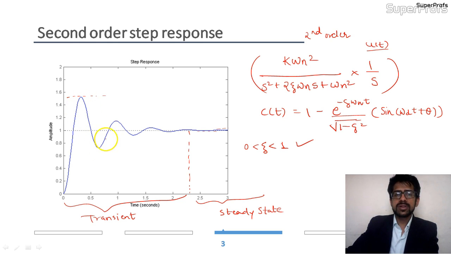This maximum value depends upon the parameters such as zeta, omega n, and ultimately the system, which is made up of such instruments such as resistors, capacitors, or inductors and their values. These values determine what are the values for omega n and zeta, and ultimately these also determine the value of such overshoots or the oscillations.